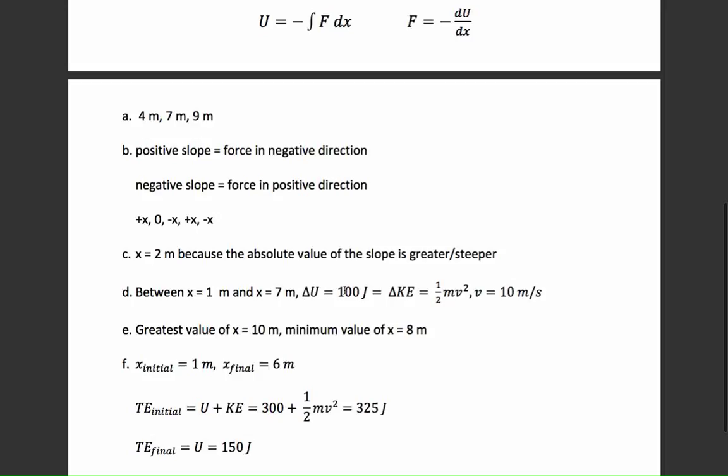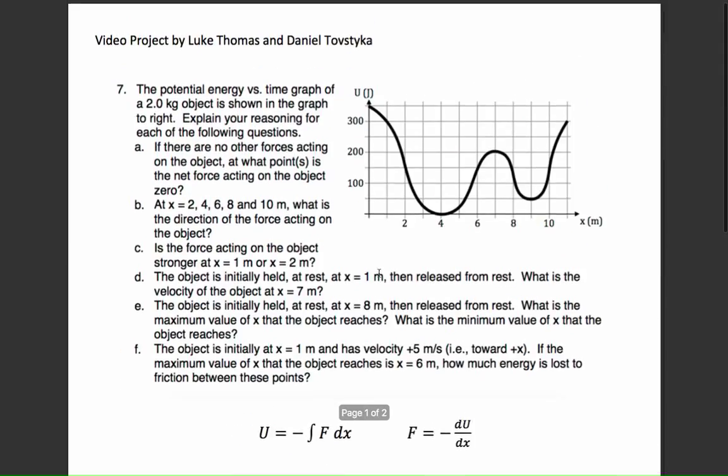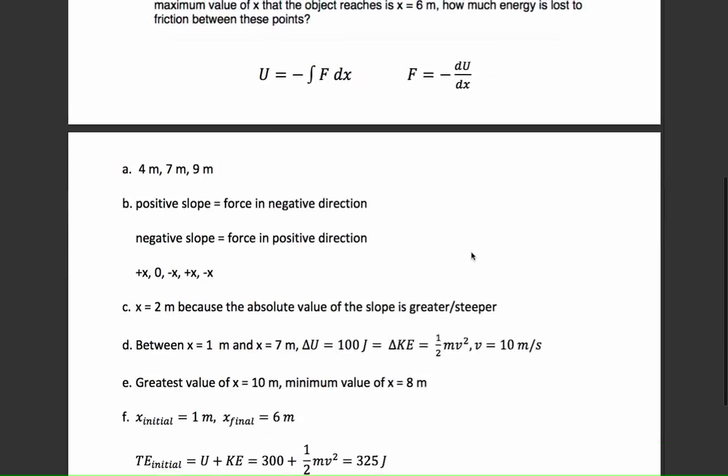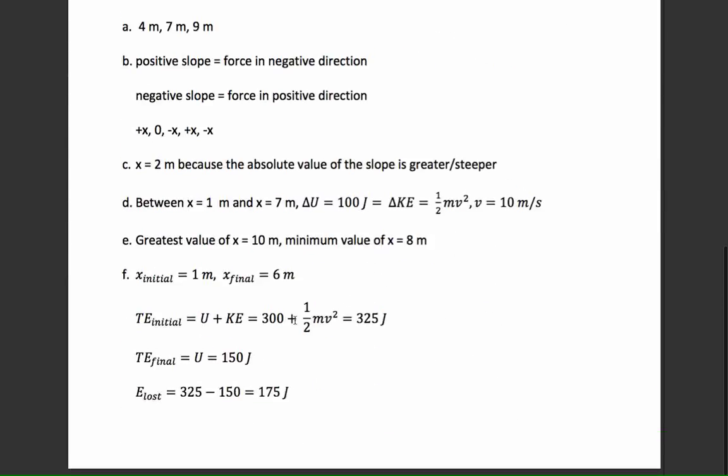At x equals 1, the object has 300 joules of potential energy, while at x equals 7, the object has 200 joules. The change in potential energy goes to kinetic energy, so the kinetic energy is 100 joules. If we solve 100 equals 1/2 mv squared, we find that the velocity is 10 meters per second.